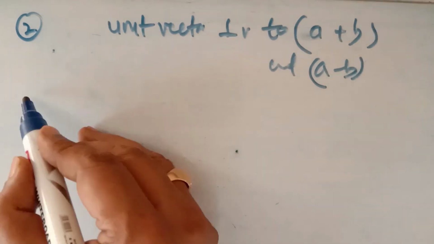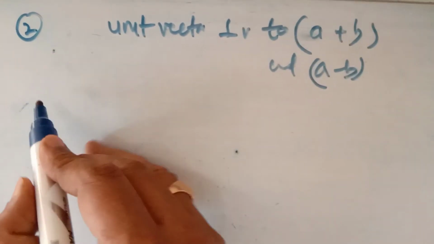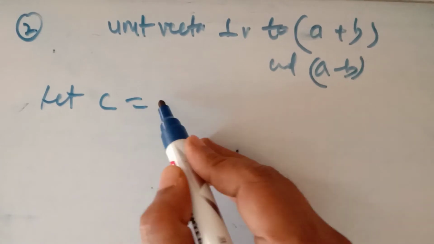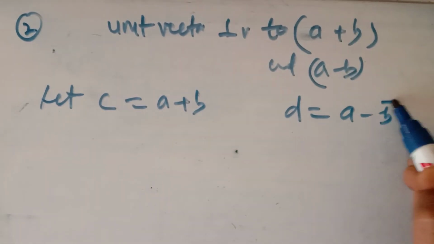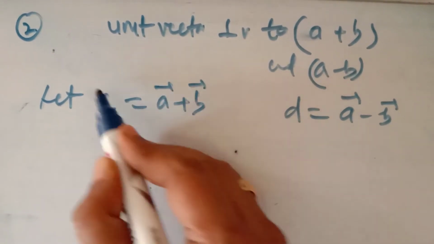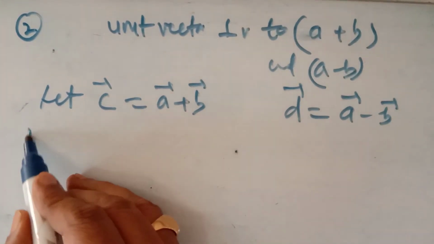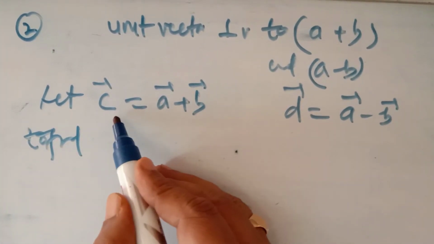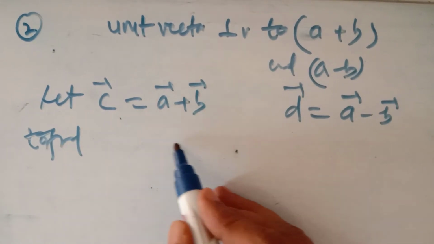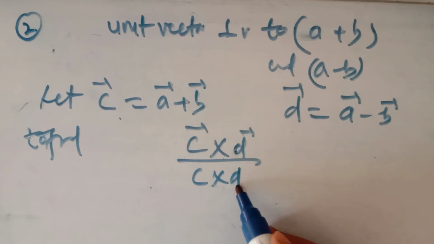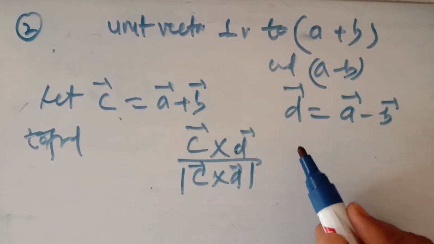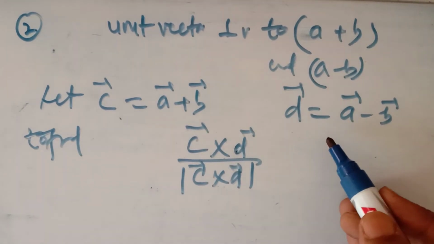To find the unit vector, let C be equal to A plus B and D be equal to A minus B, the sum and the difference of the two vectors. Now you have to find a unit vector perpendicular to C and D, that is, C cross D divided by the modulus of C cross D. It will give the unit vector which is perpendicular to each of the vectors.